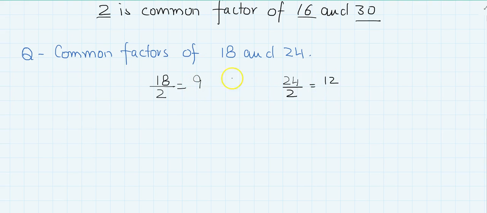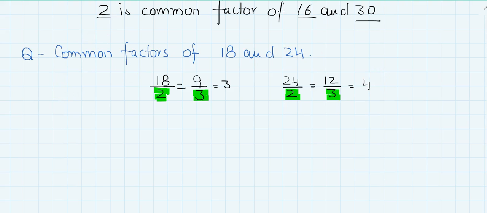Now we can see here that 9 and 12 still can be divisible by the same number. 9 is divisible by 3. We get 3, and 12 is also divisible by 3. So we get 4 here. So here we can see that 2 is dividing 18 and 24, and 3 is also dividing 18 and 24.